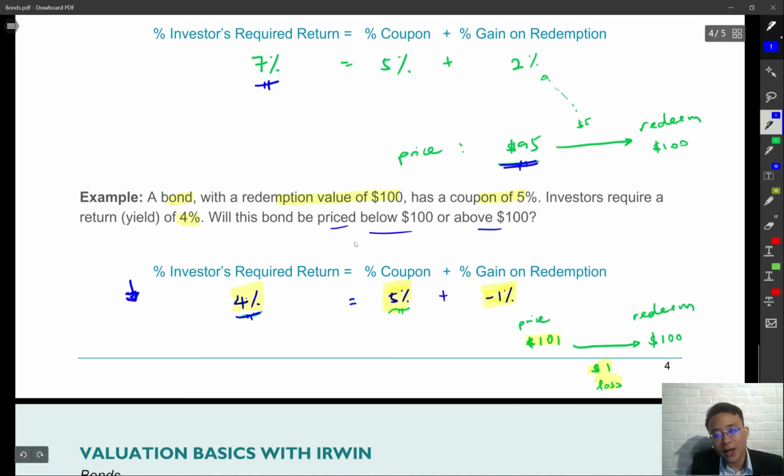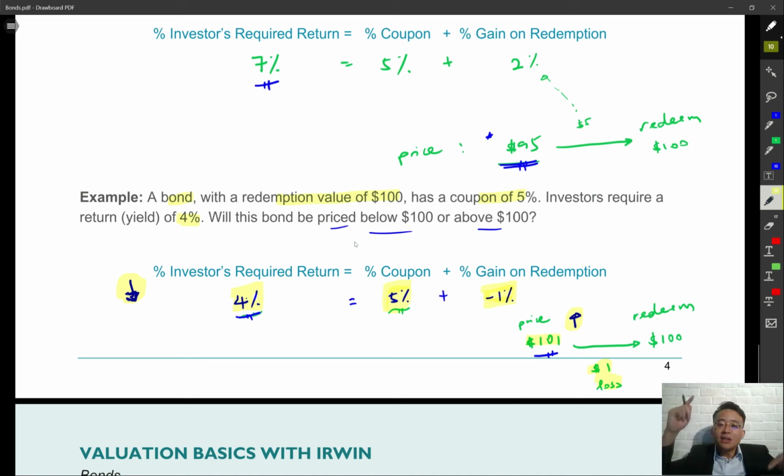From 95, here, it has gone up to 101. Do you see the inverse relationship? The yield has gone down, your price has gone up. And this explains the mechanism of bonds. Why yield and bond price are inversely related to each other.